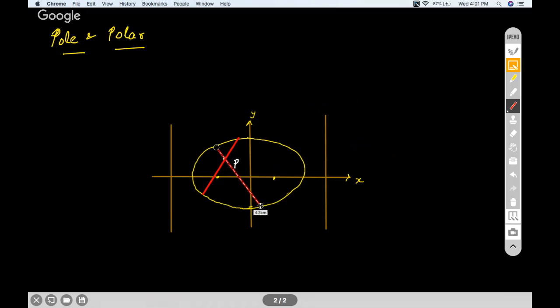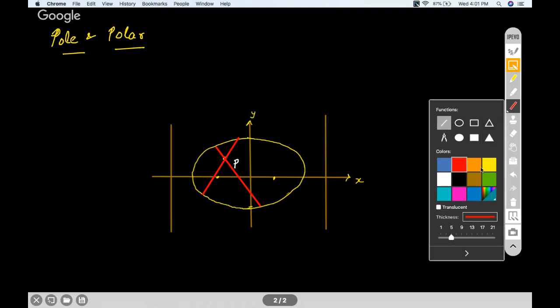I can keep on drawing so many chords, and now through the extremities of these chords, let me draw tangents. Let's say these are the two tangents which I draw at the extremities of these chords.